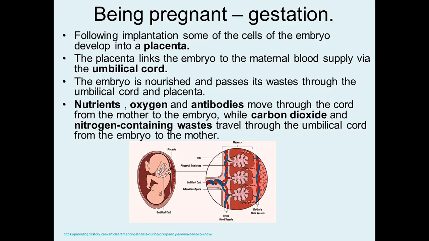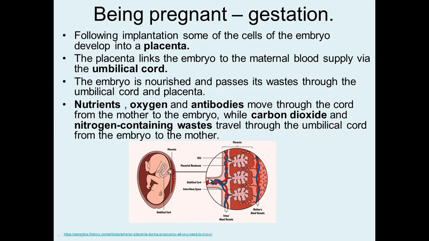So really, if you consider the electrical cord that connects your laptop to the wall, the umbilical cord is like the whole structure, and there's an insulating layer, normally black plastic, around the outside, but inside there are important wires. So inside the umbilical cord there are important blood vessels.